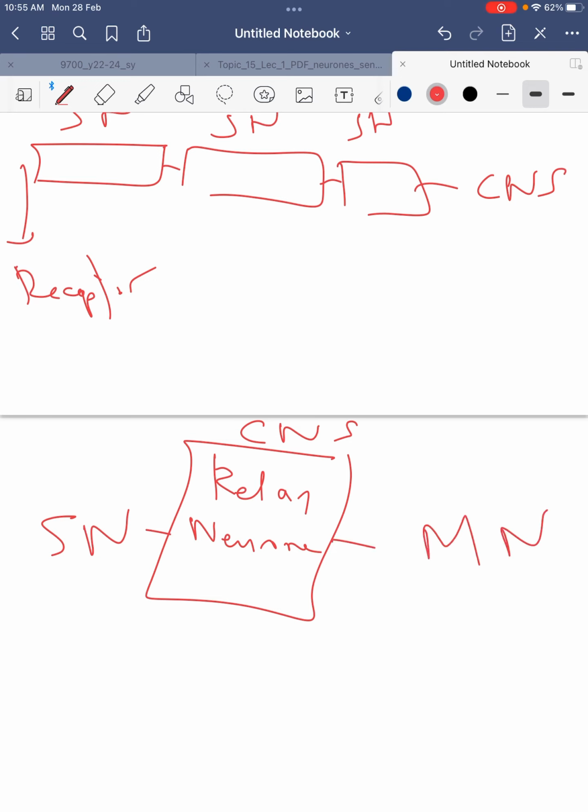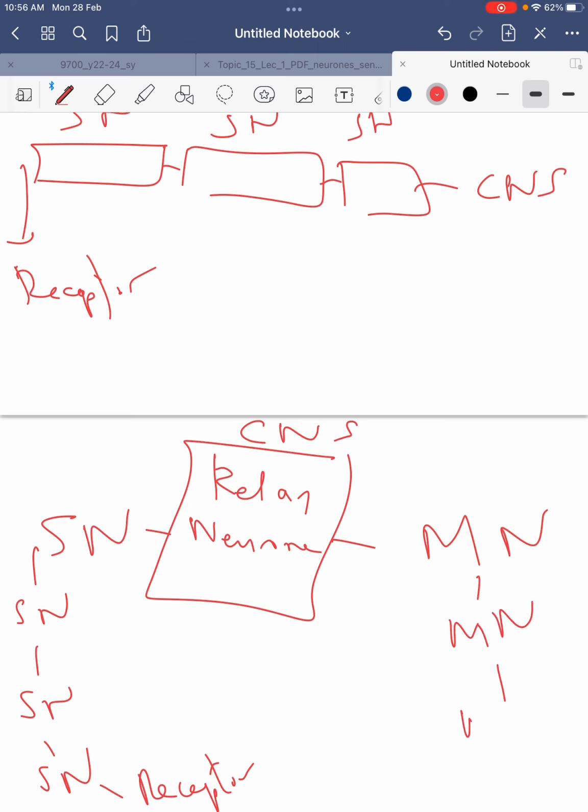The sensory neuron is of course connected with another sensory neuron, maybe millions of these. And then we have a receptor here, and then we have another motor neuron, and then finally the effector.